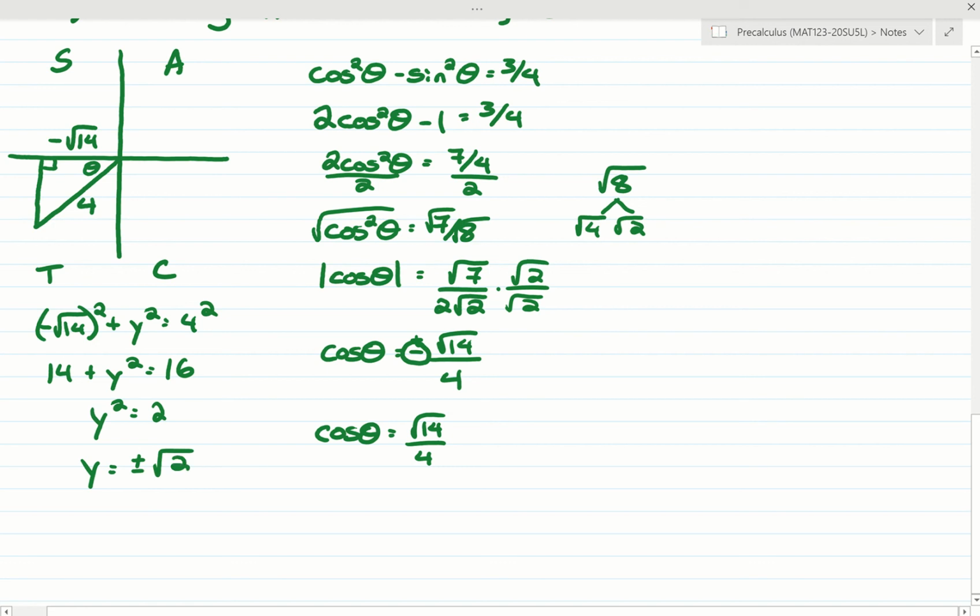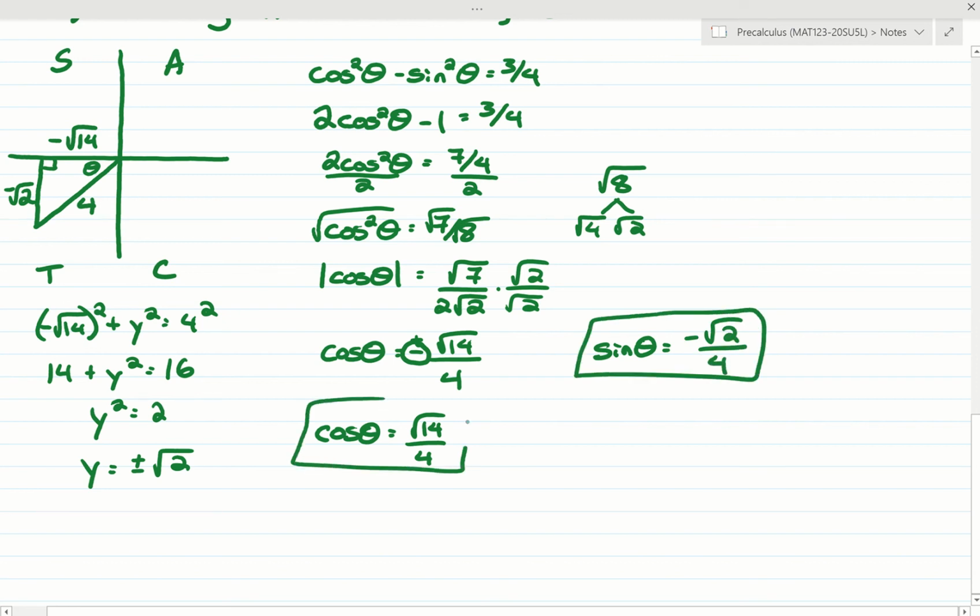Because we're going down, we're going to use negative root 2. So what would the sine of theta be? Sine of theta would be negative root 2 over 4. That's how we solve a problem like that.